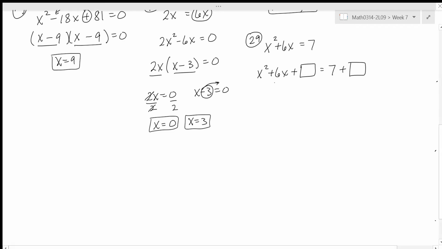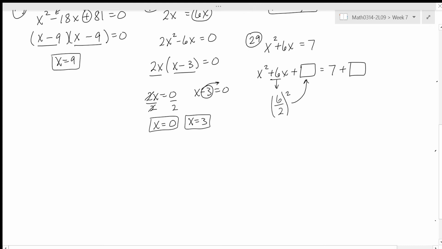So are y'all ready to see how we generate that special number? Yeah, okay, it's a two-step process. We're going to take the coefficient of x, which is 6 in this case, and we're going to take half of it. And then whatever that works out to be, we're going to square it. And then whatever that is, that's my new number.